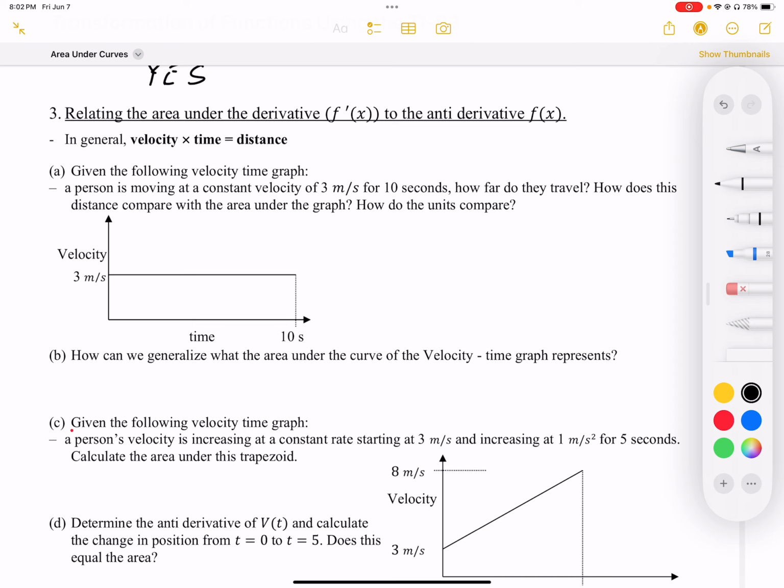And what we've now established is that the area under the velocity function is the change in displacement, or the antiderivative function. So this velocity displacement relationship is very useful because it allows us to visualize and understand what's happening between the f prime and the antiderivative f.